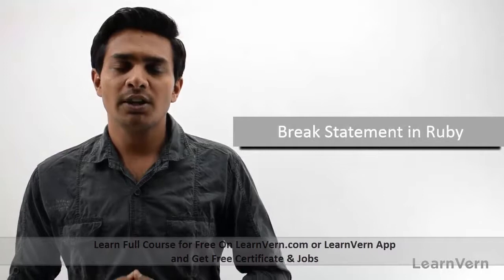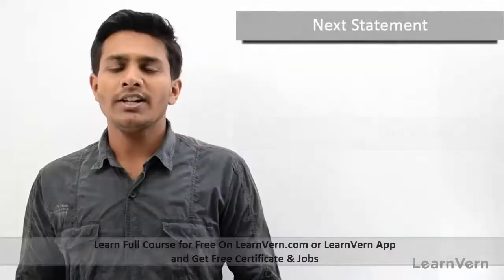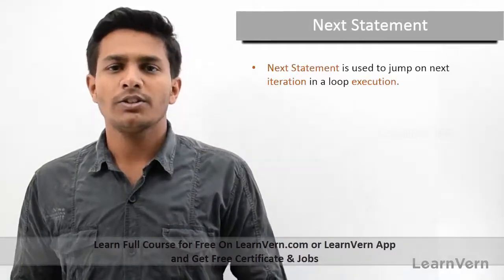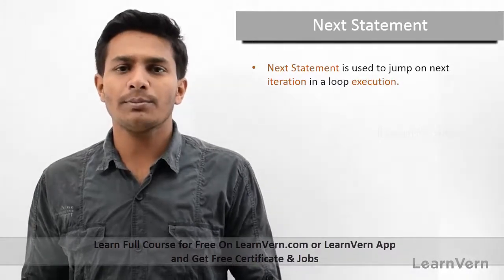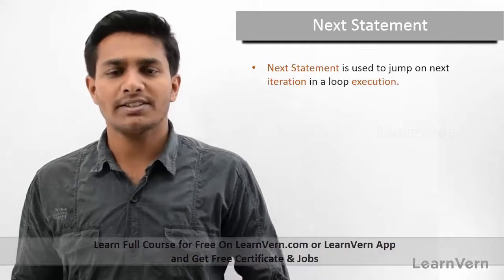In the previous lecture, we learned about the break statement in Ruby, and today we will learn about the next statement in Ruby. While iterating in a loop, we sometimes want to skip some execution. In that case, we use the next statement.